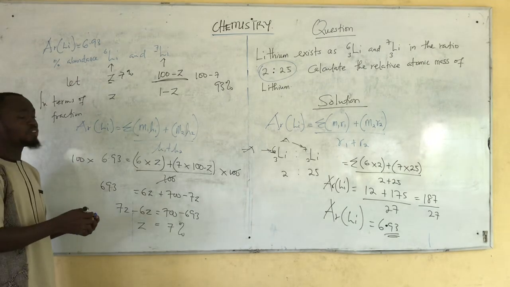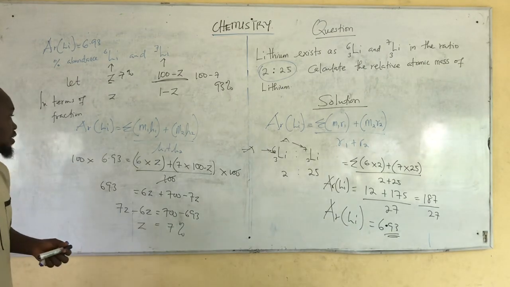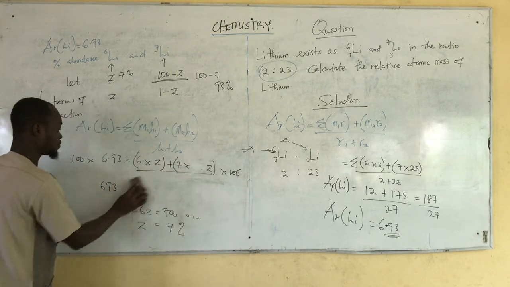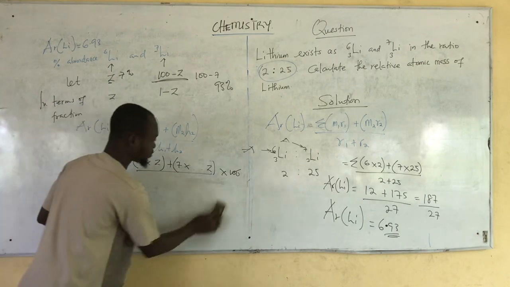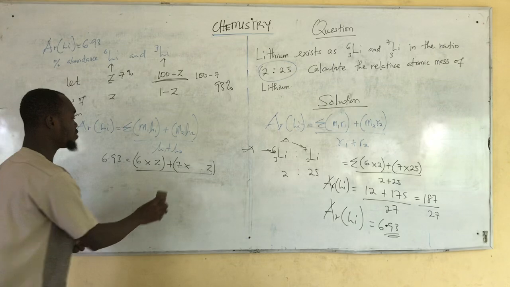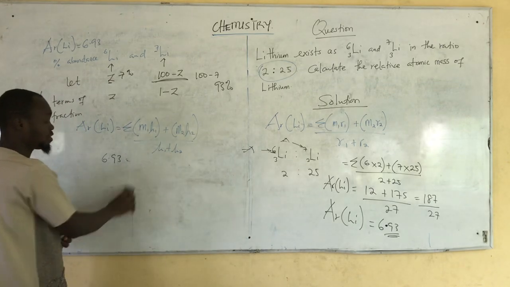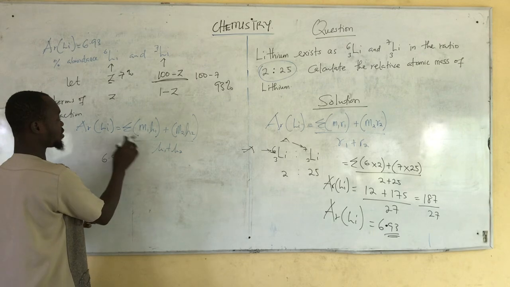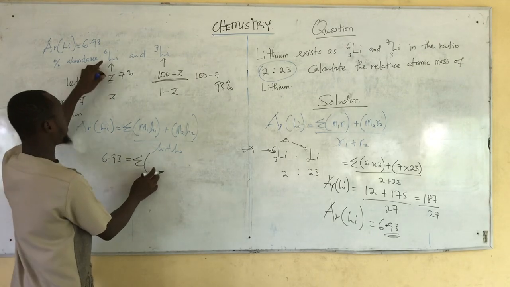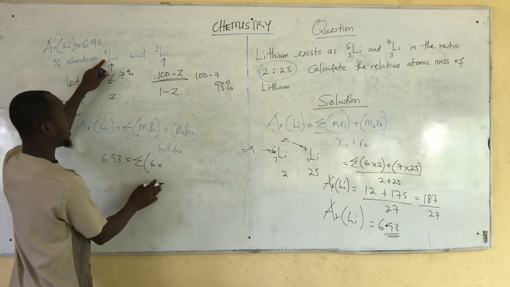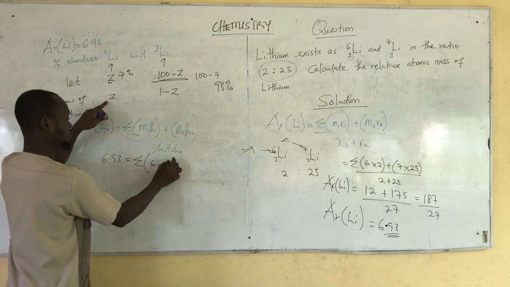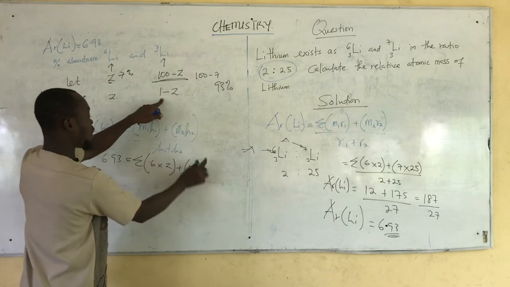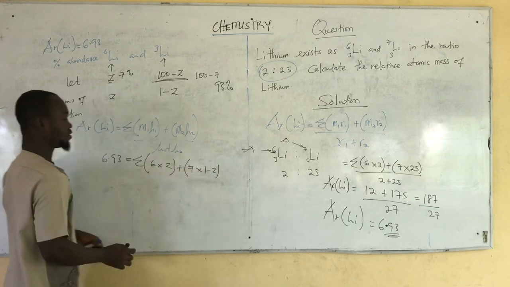We can equally use the fractional abundance form. It's the same thing. So if we try to use the fractional abundance as well, we have our relation is equal to the summation of the mass of the first one, 6, times the abundance, we said is Z, plus the mass of the second one, 7, times the abundance, 1 minus Z. Is that okay?